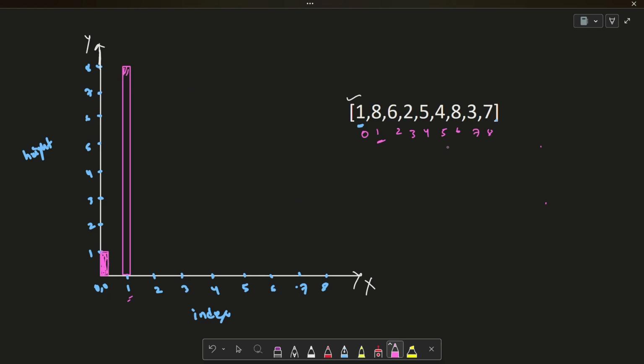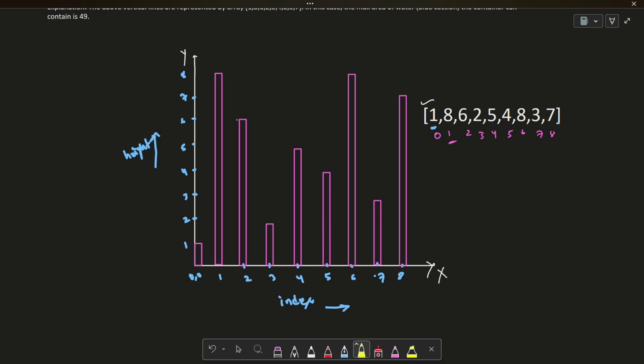Let me draw all the heights for each element, then we'll see how it looks. I have drawn all the lines for each element: 8 for the second element, third element 6, fourth element 5, seventh element 3, and eighth element 7.